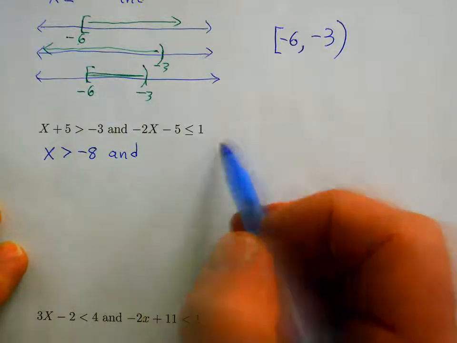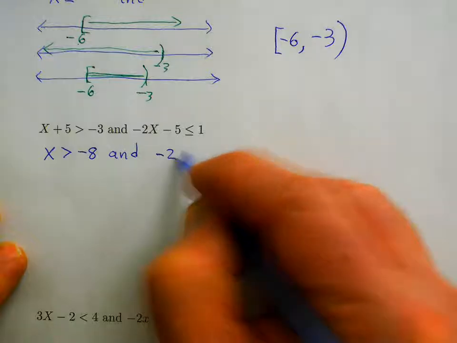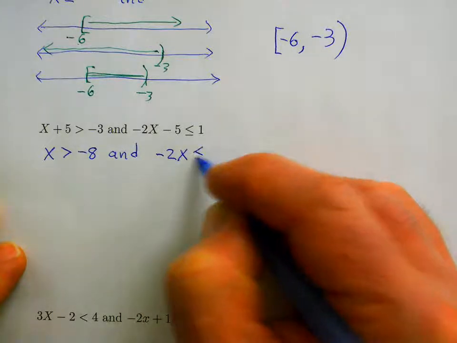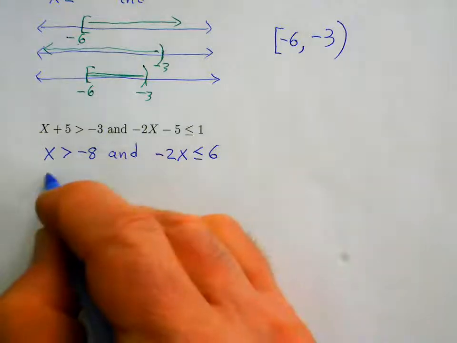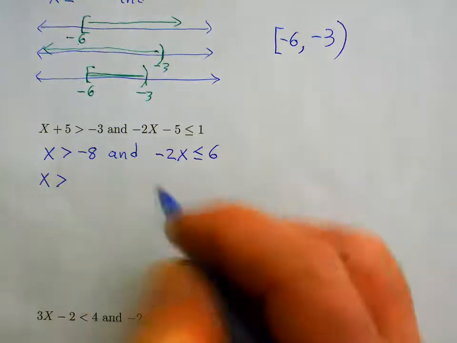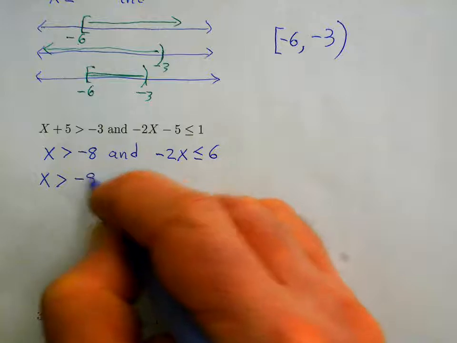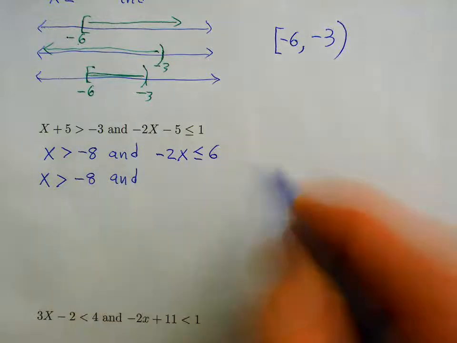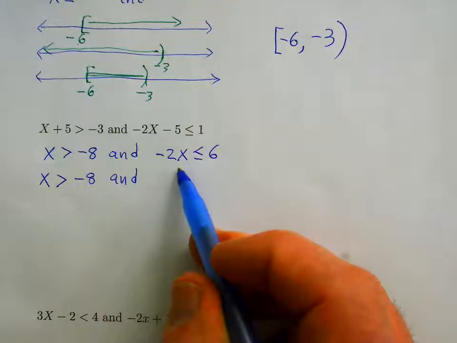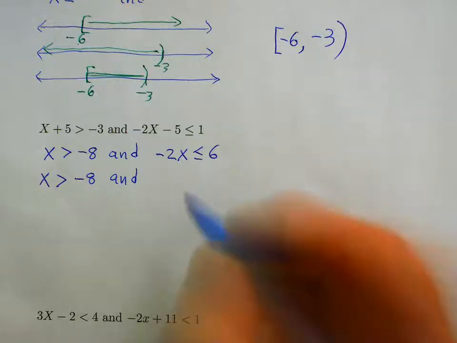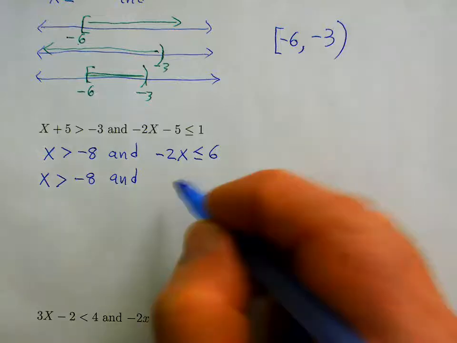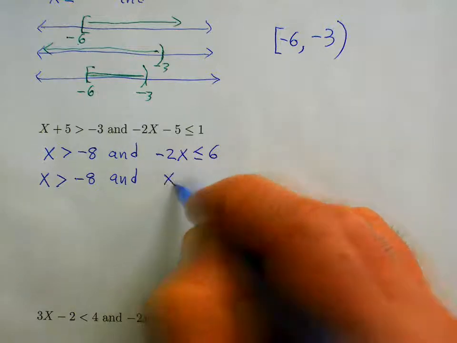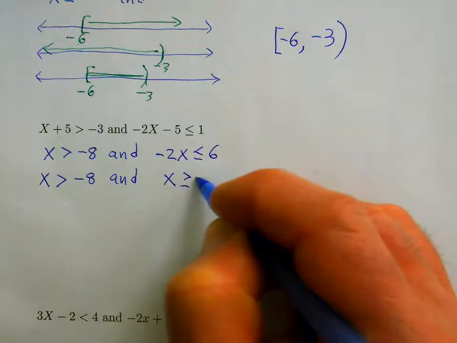Add 5 to both sides, so we get negative 2x is less than or equal to 6. The one on the left is already finished: x is greater than negative 8. And this time, on the right, we divide both sides by negative 2. So negative 2x is less than or equal to 6 is equivalent to x is greater than or equal to negative 3.